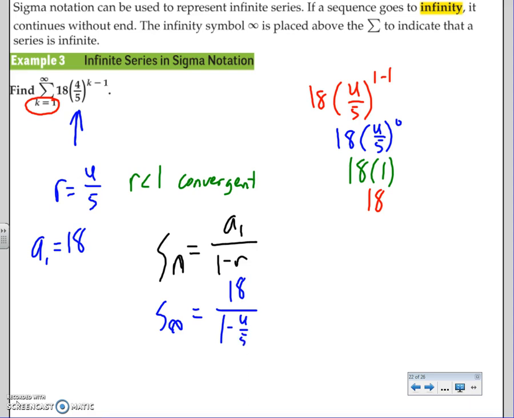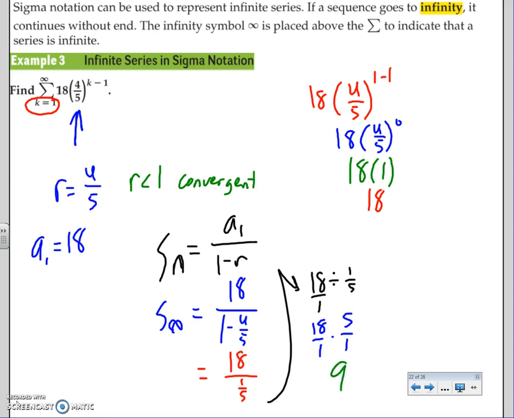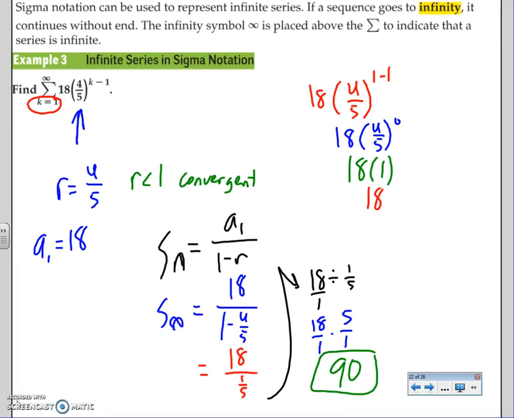So that's 18 over 5/5 minus 4/5, and 1 minus 4/5 is 1/5. So that turns into 18 divided by 1/5. I'm going to make that 18 over 1 times 5 over 1, and that gives us 90. So 90 is the sum of the infinite series.